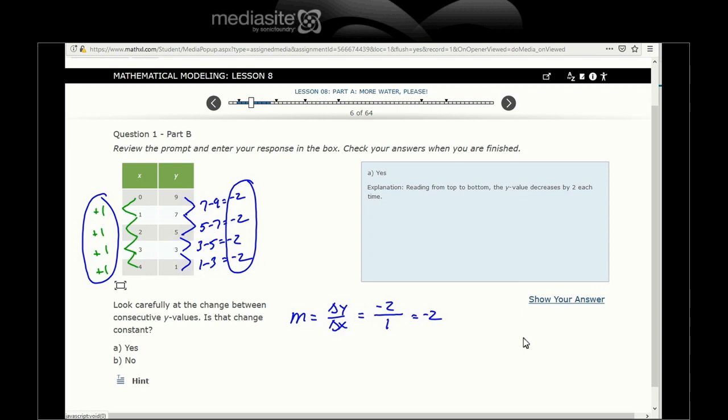Now, you need to be careful. The analysis I just did worked because the change of x was also constant.